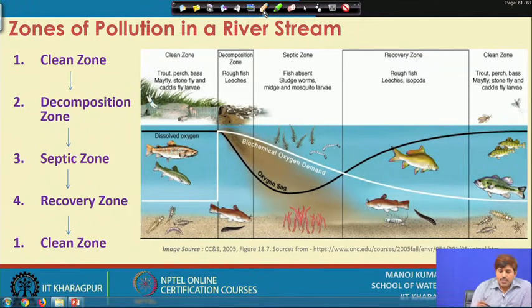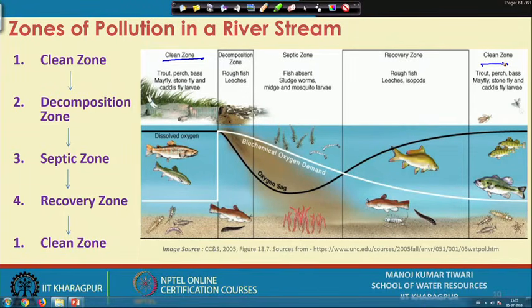The clean zone that you are seeing here can be either the first zone or the last zone also. Let us presume that the river is initially clean. In its natural state there is a good amount of dissolved oxygen.